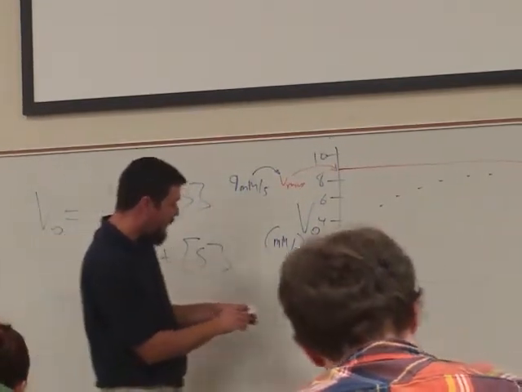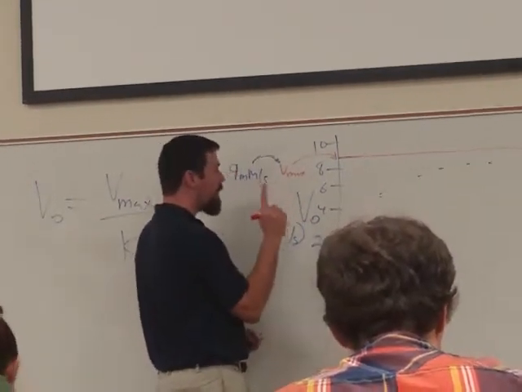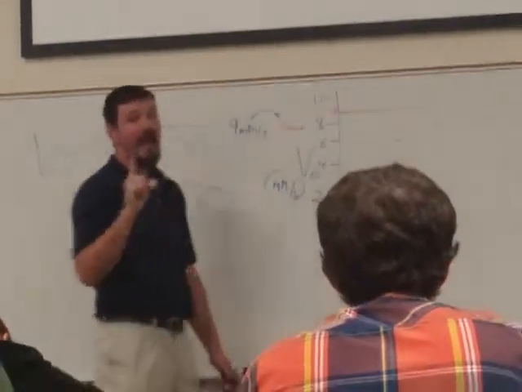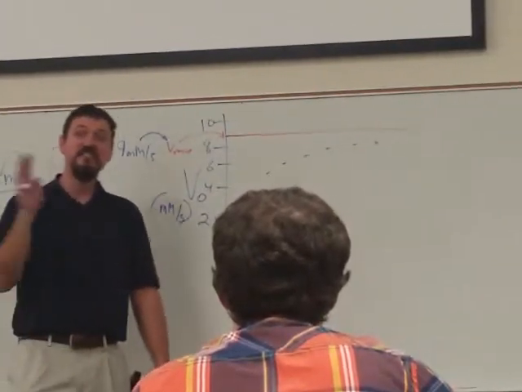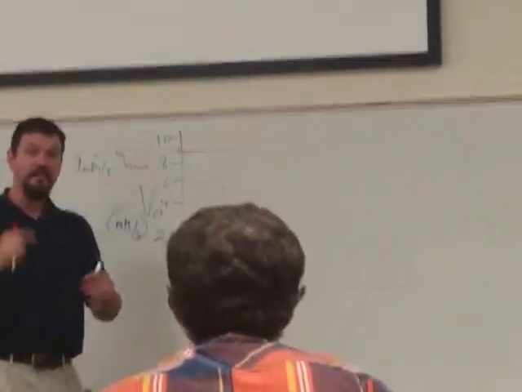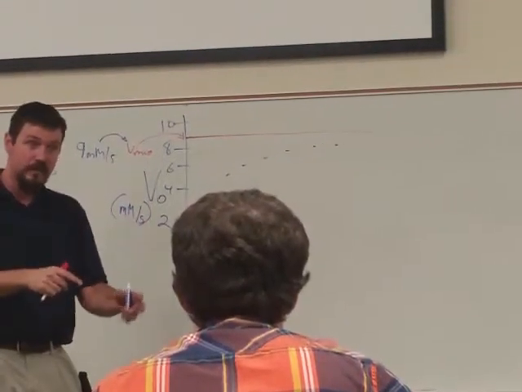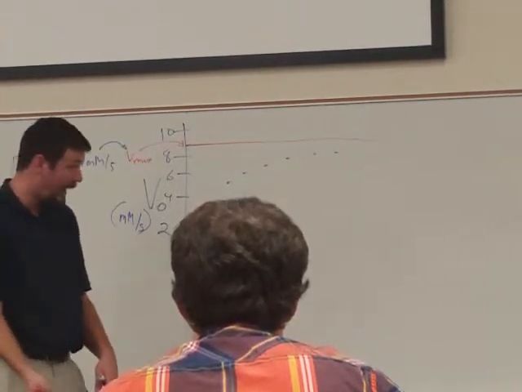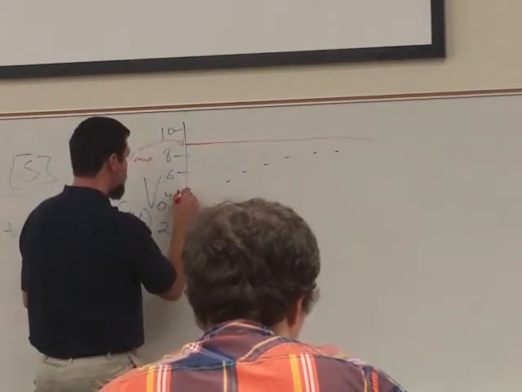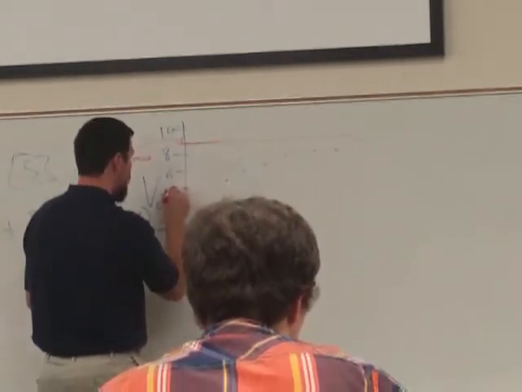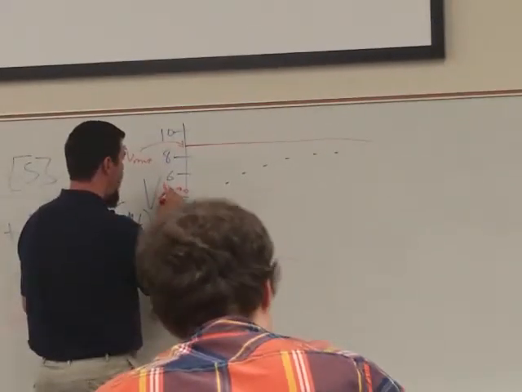We determine Vmax. Okay, Km, we go to 1/2 Vmax. It is not 1/2 Vmax. I've seen this over and over again. Km is not 1/2 Vmax. It is the substrate concentration at 1/2 Vmax. So if we went to say 4.5, right, which is half of 9, this is 1/2 Vmax.